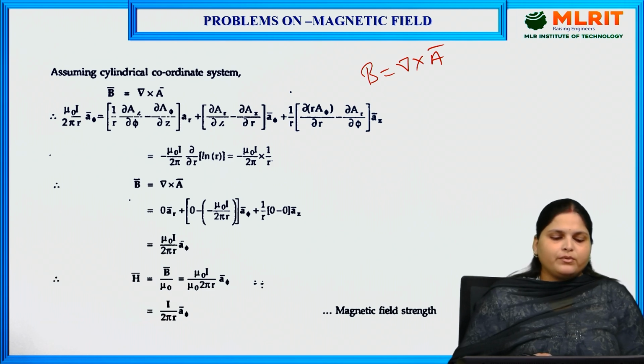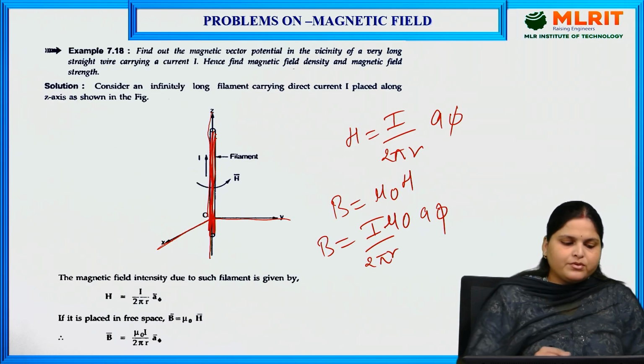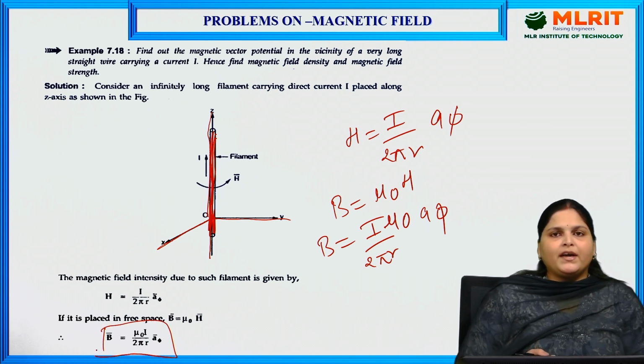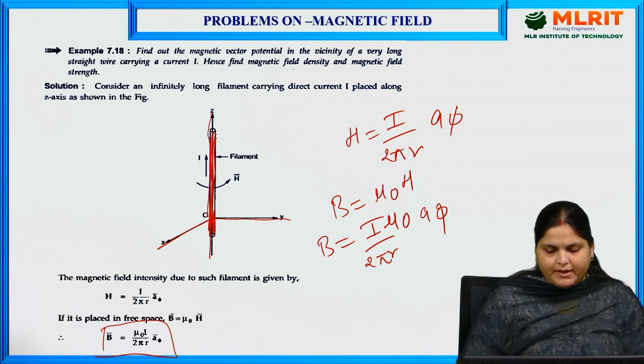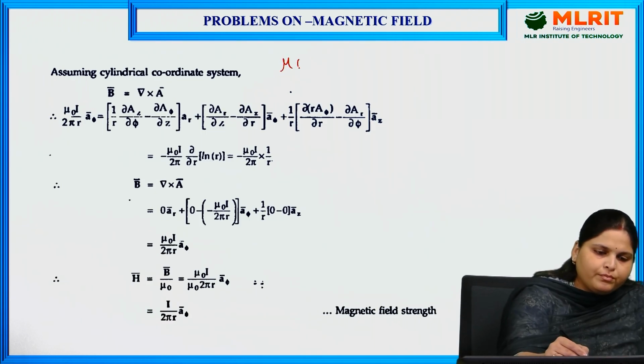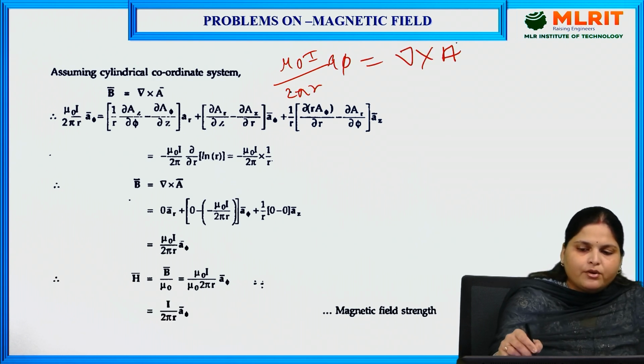So B, as we already have, is mu naught I upon 2 pi r a phi, and here we can write del cross A.